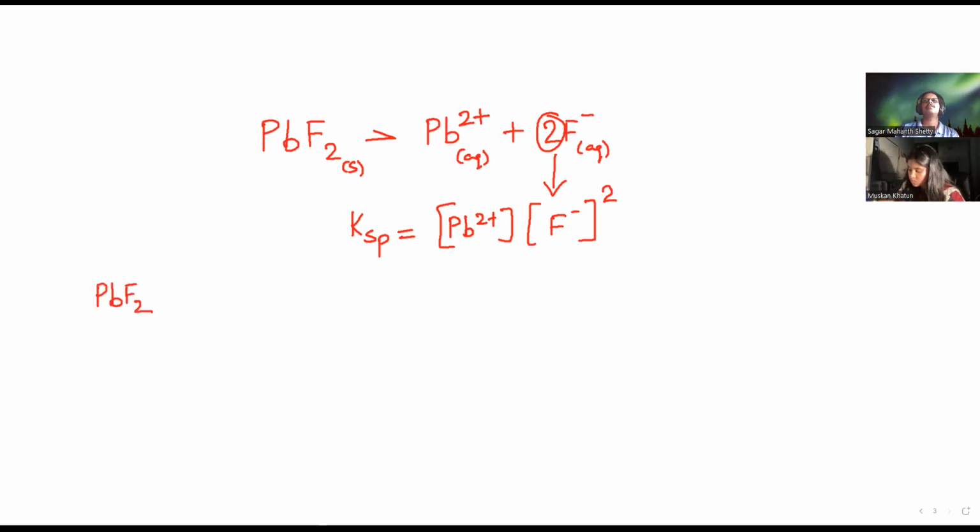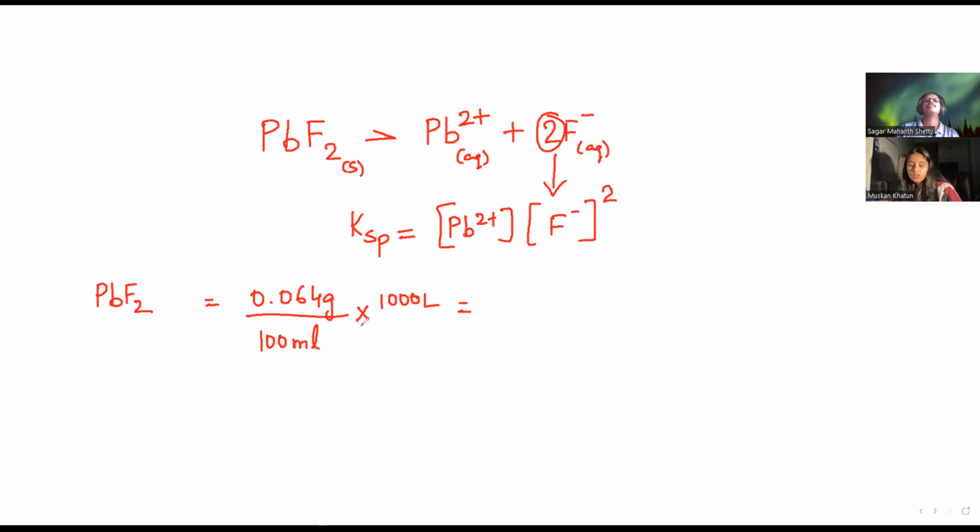For this, it's going to be 0.064 grams of lead fluoride upon 100 ml of solution. Because this is going to be calculated in terms of liters, we're going to use 1000 here. Is that clear?